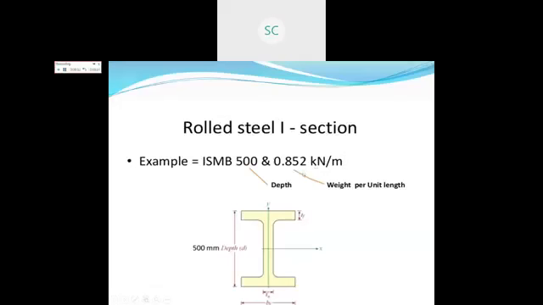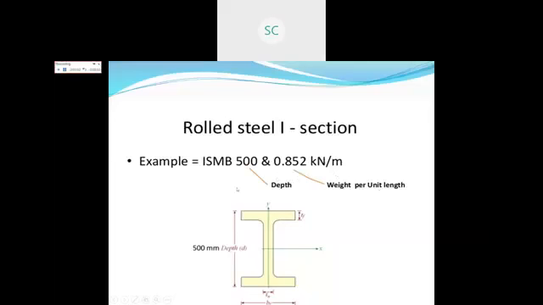This 500 is the total depth of the I section, and the weight per unit length is also given. ISMB 500 means the total depth of the section is 500 mm, and the unit weight per unit length is 0.852 kilonewton per meter.